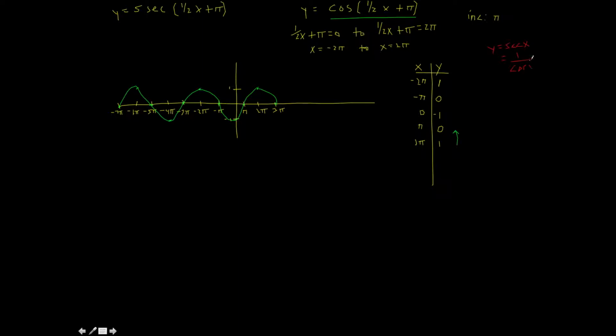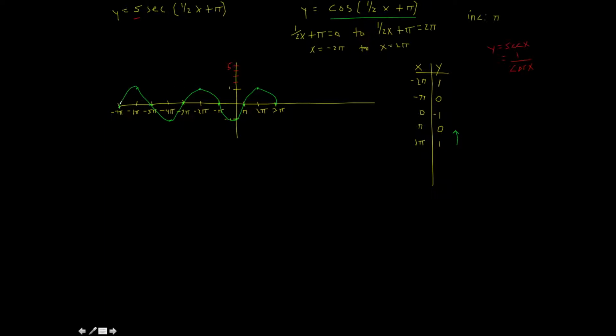But what we're going to want to do first is notice this 5 out in front. We have to multiply all of our y coordinates by a factor of 5 when we get ready to do secant. So there's 5.